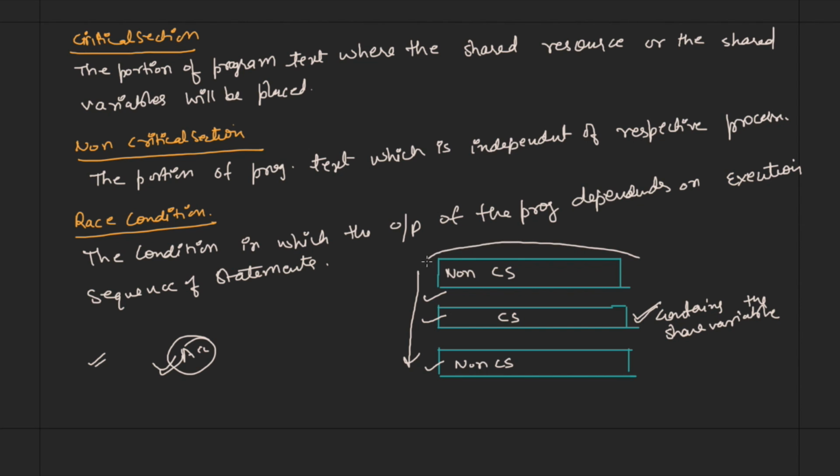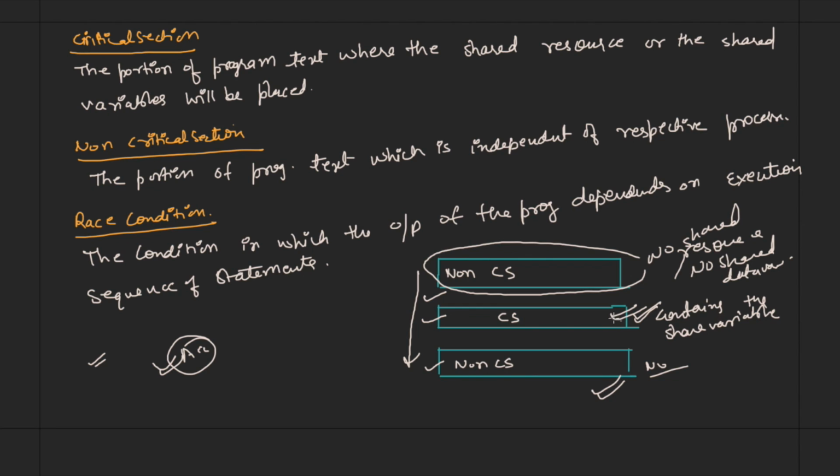A non-critical section is a section of the program where there are no shared resources or shared data variables. A critical section contains a shared resource or shared data variable that two or more processes may try to access at the same time.